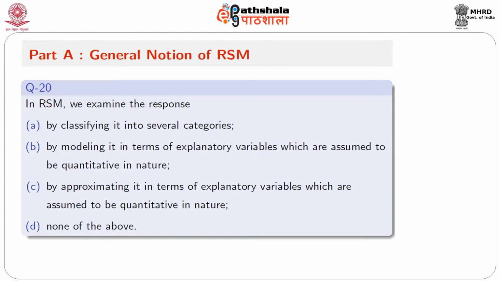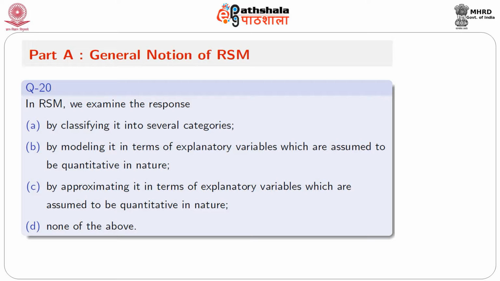In response surface methodology, we examine the response by classifying it into several categories, or by modeling it in terms of explanatory variables which are assumed to be quantitative in nature, or by approximating it in terms of explanatory variables which are assumed to be quantitative in nature, or none of the above.